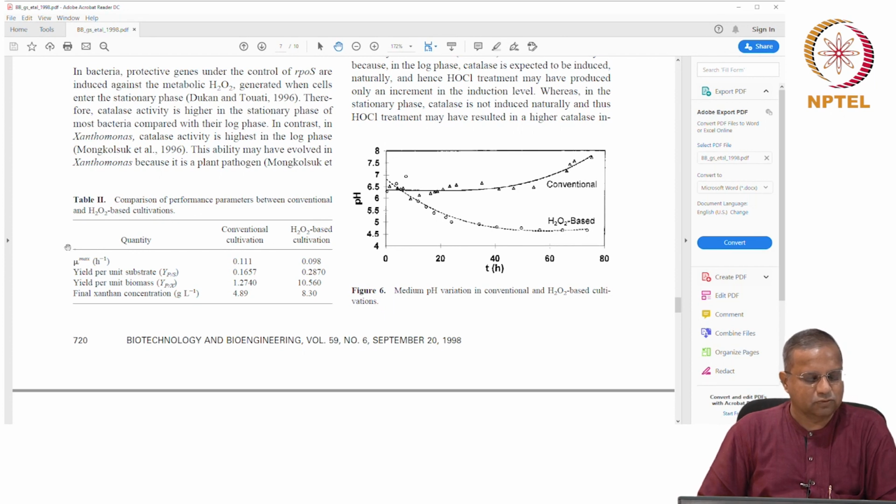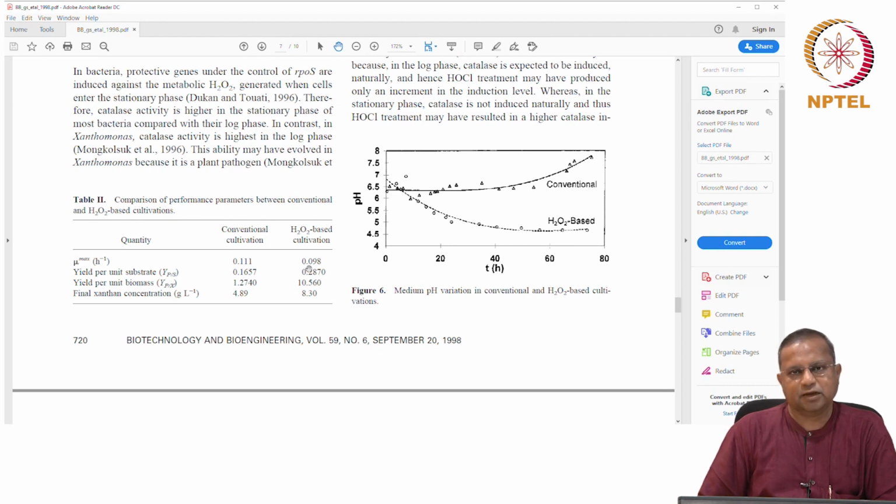So the growth rate is comparable between the two. So this method of cultivation is not affecting the growth rate significantly. 0.111, 0.098 per hour.